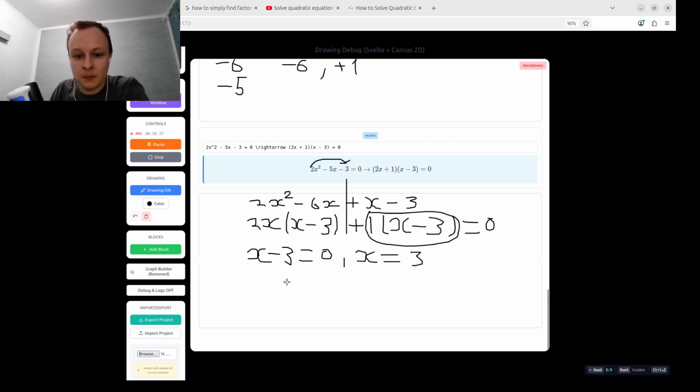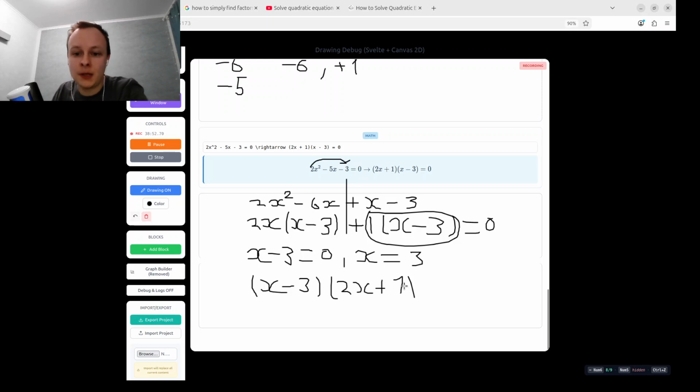But we can also find the second solution of this equation. If we factor these parentheses out of both of these parts, we can make our equation in the form of x minus 3 and 2x plus 1.